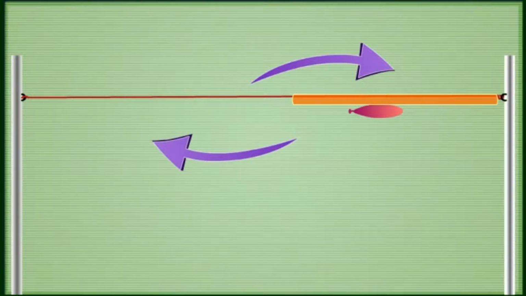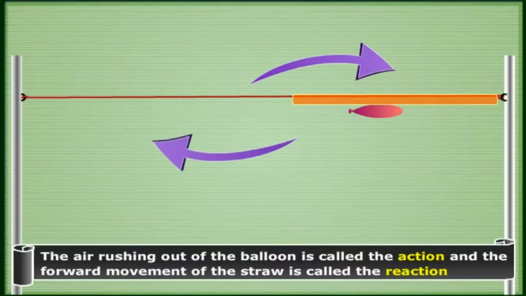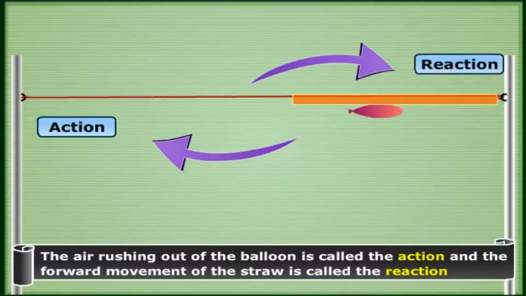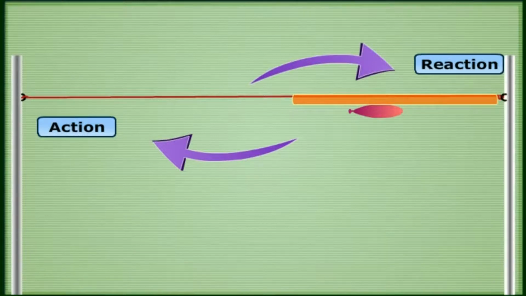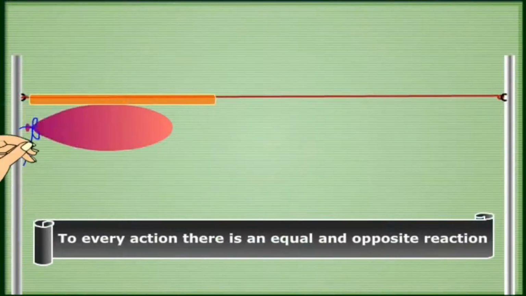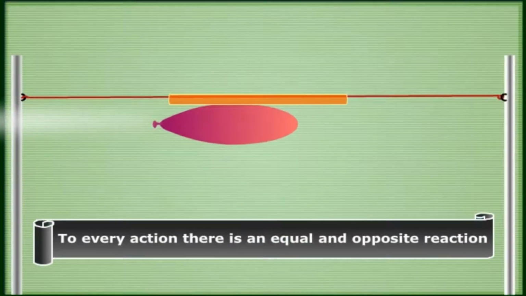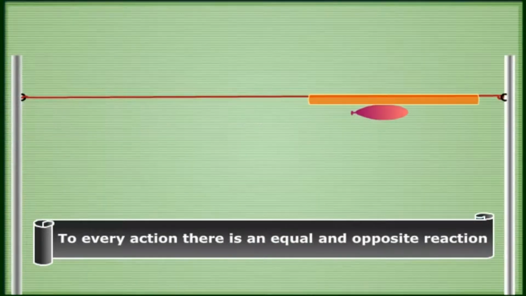Here, the air rushing out of the balloon is called the action, and the forward movement of the straw is called the reaction. But how fast the straw will move forward depends upon the speed of air rushing out. Hence, we understand that to every action, there is an equal and opposite reaction.